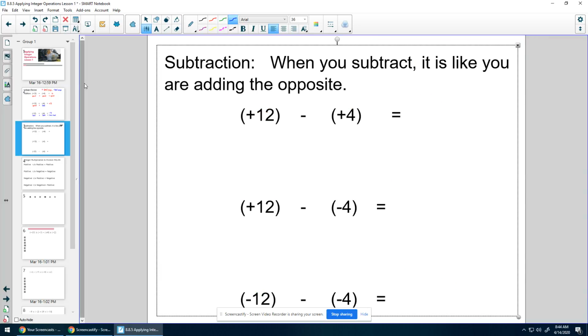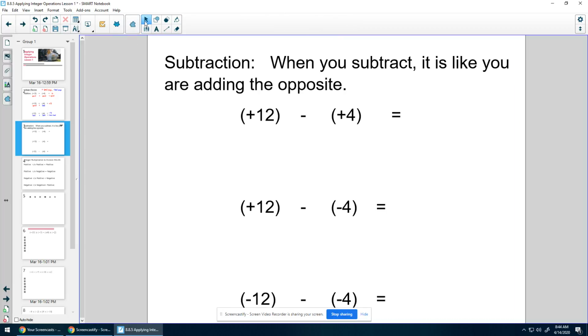Okay, moving on to subtraction. Just a reminder, when you subtract, it's like you are adding the opposite. So looking at this, we'll think of it with good and bad guys again. We have 12 good guys, and we are taking away 4 good guys.